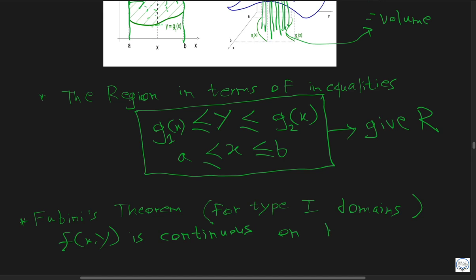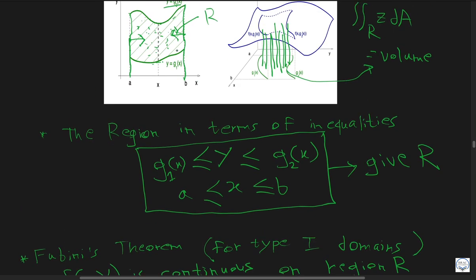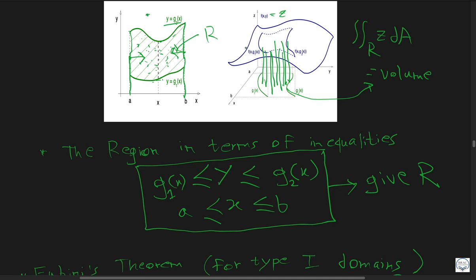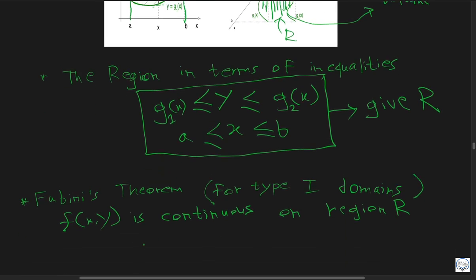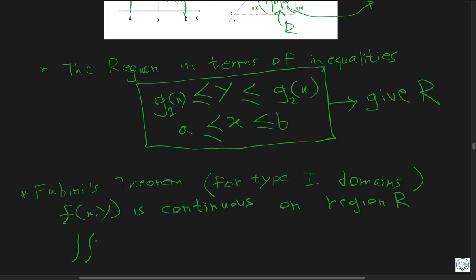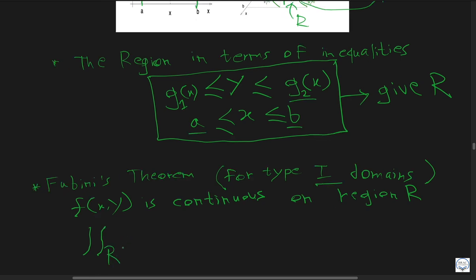It says that if my function f of x comma y is continuous on my region R, or sometimes also called domain, if the function is continuous, like this surface, we can see that this particular surface is continuous on this particular region, this region R, then we are allowed to write the integral f of x comma y dA as a combination of two integrals of one variable.